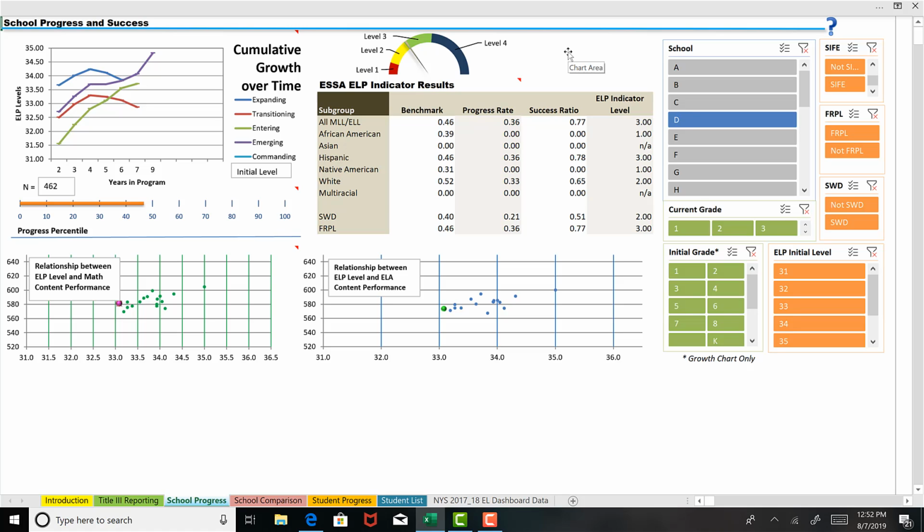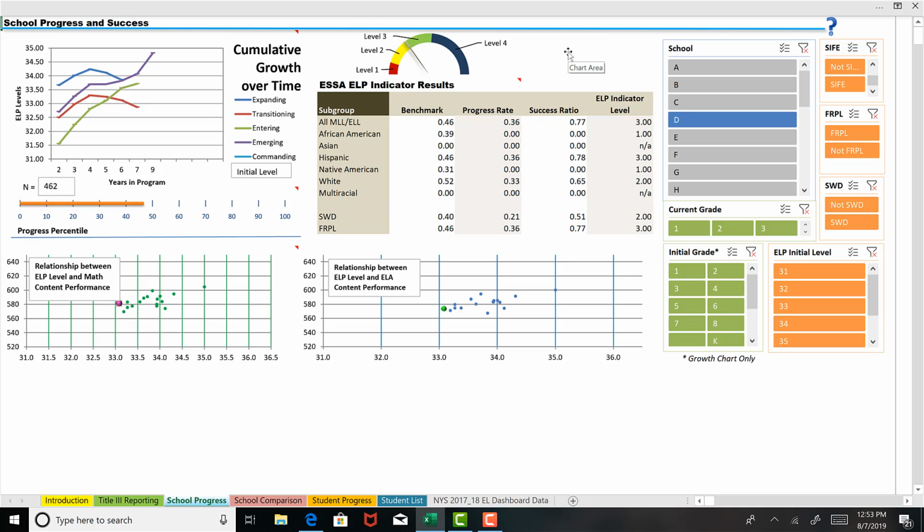There are two important caveats that should be noted when looking at the results for the ELP indicator. Because the interface is really designed to focus analyses on current students without limitations, the results here follow that line of thinking.